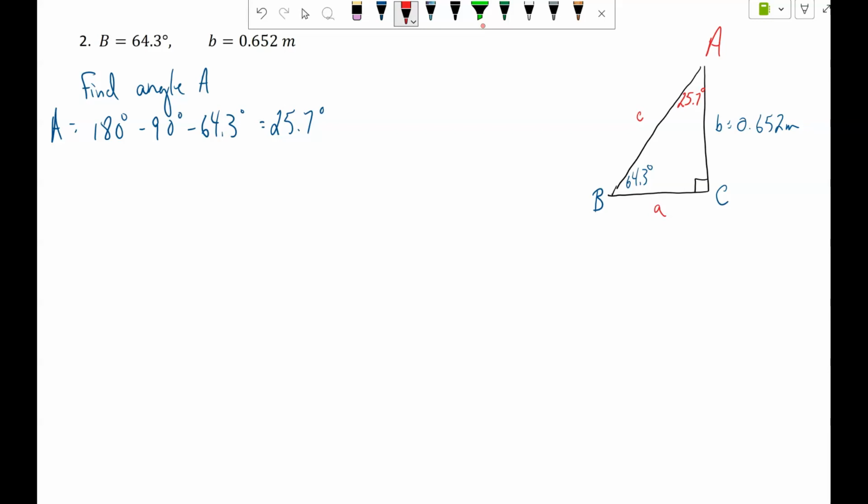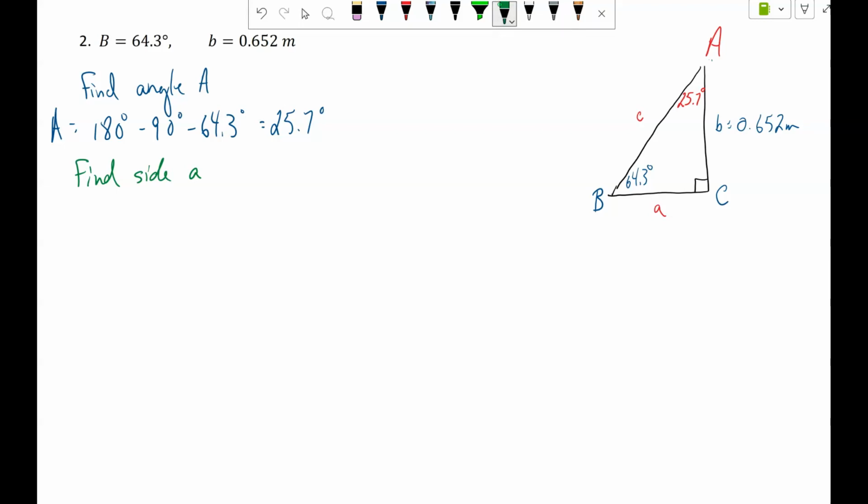How about we find side A? We could find A or C next, it doesn't matter. We're going to be needing trig because we don't have two sides. So let's find side A next. Side A is opposite 25.7.